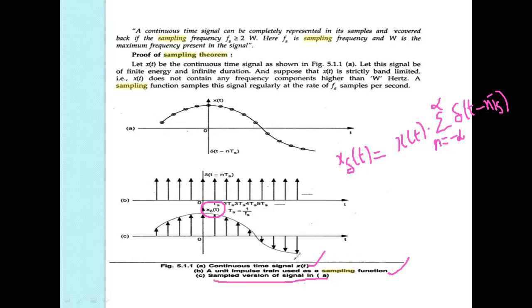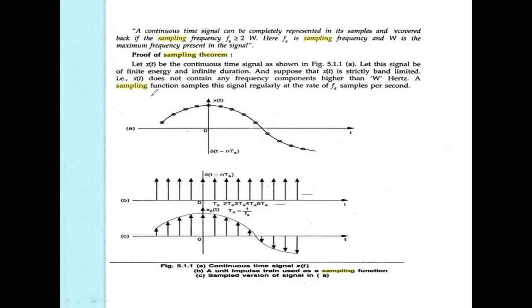The sampled version of the signal in A is a continuous time signal, and after the samples, we are calling it a discrete time signal, because the amplitude is continuous but the time is discrete. But in A, the time is continuous and the amplitude is also continuous, my dear students.